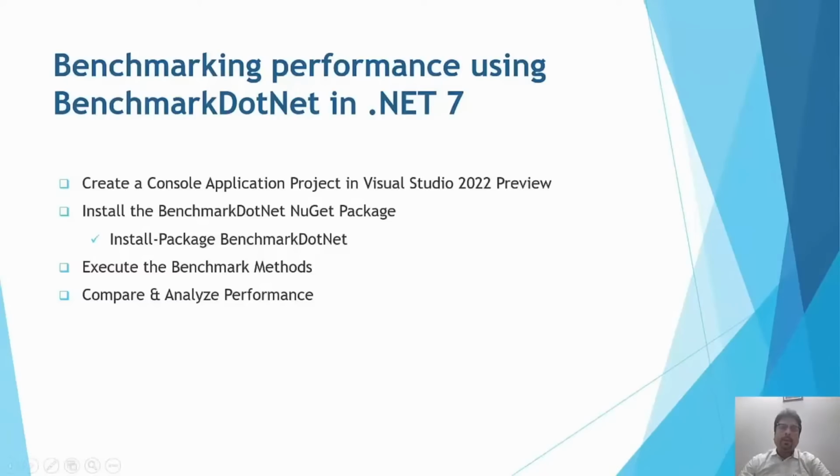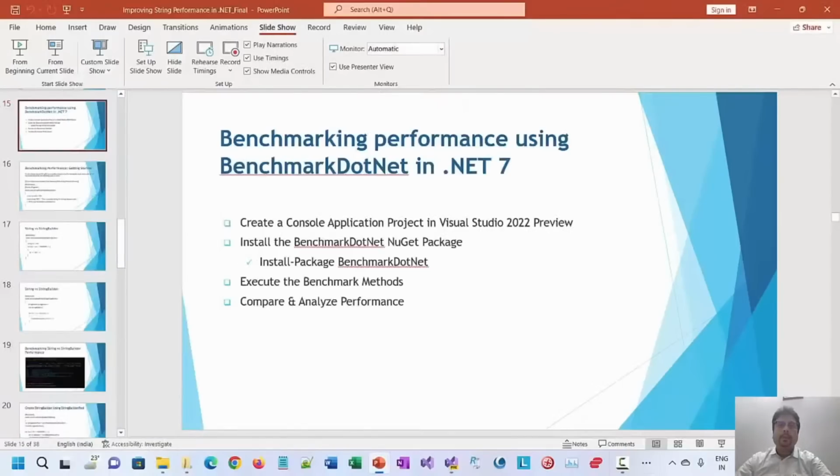Let us now take a look at the project in Visual Studio 2022 Preview that we will be building. It is already built actually, to save time in this demo. We'll take a look at the project, the BenchmarkDotNet package that has been installed, and the code snippets, the methods that we will be benchmarking shortly.